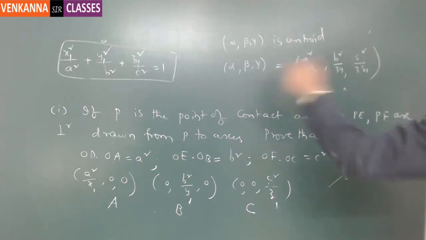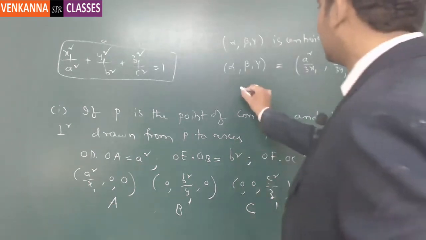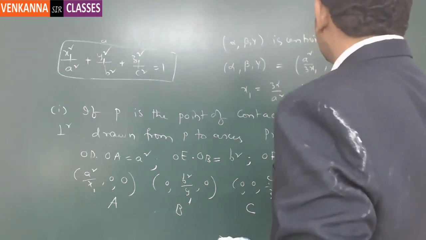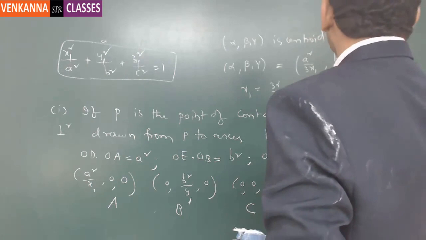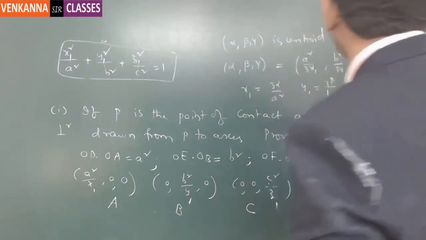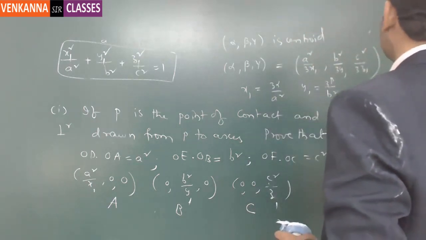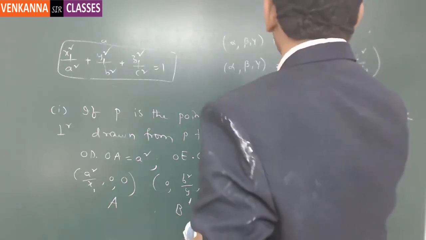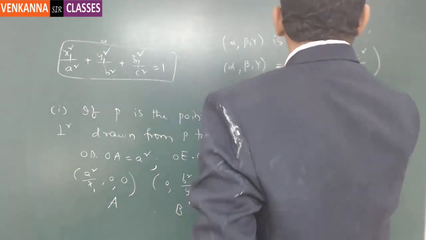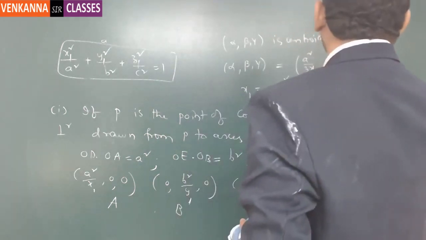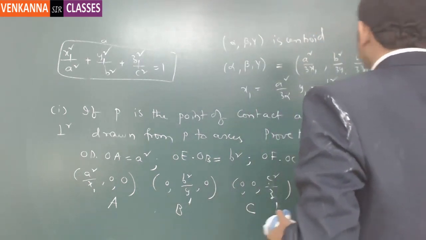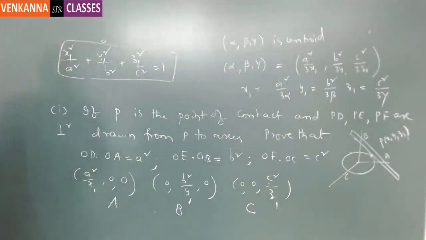So if you equate the respective values, you get that x1 is equal to a square by 3 alpha, y1 is equal to b square by 3 beta, and z1 is equal to c square by 3 gamma. Please check that.